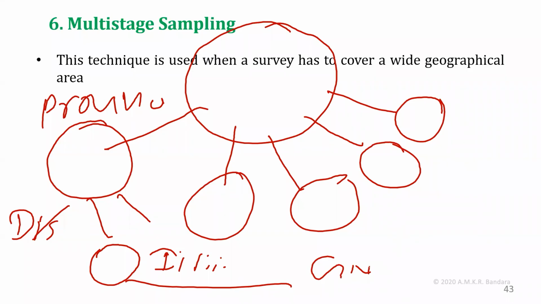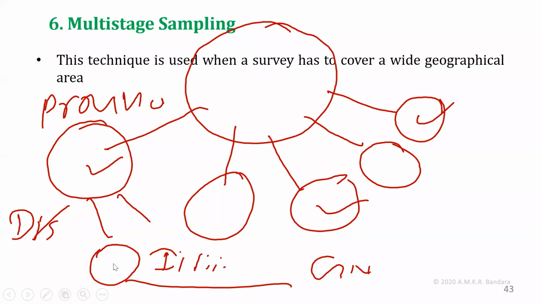So instead of selecting individuals from all over the country, the researcher can select several provinces randomly. These provinces will be selected.